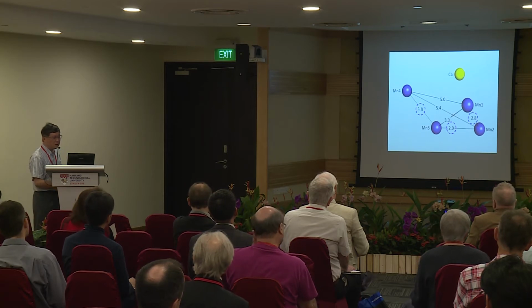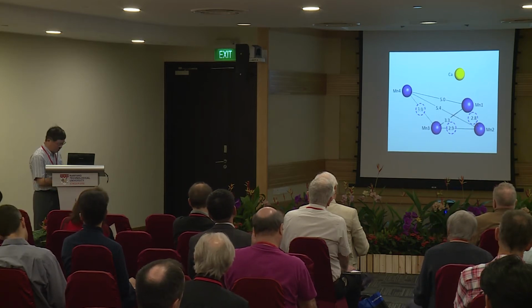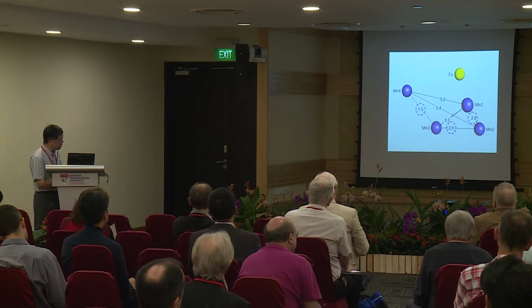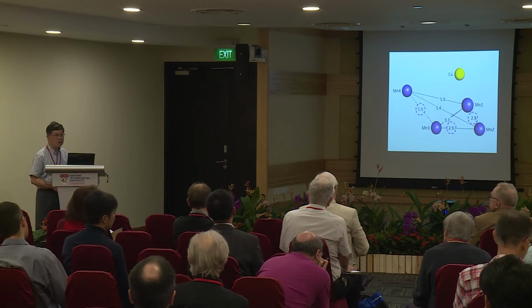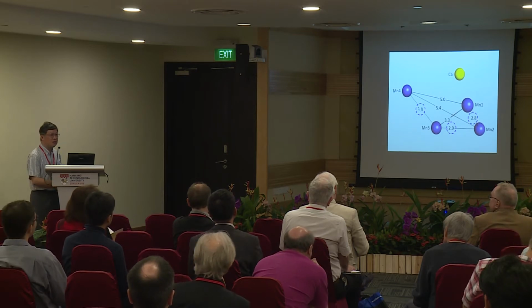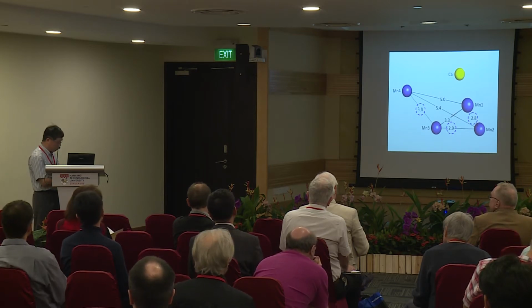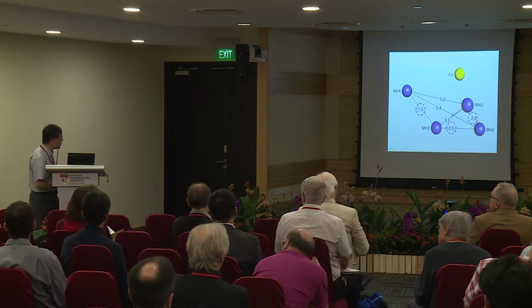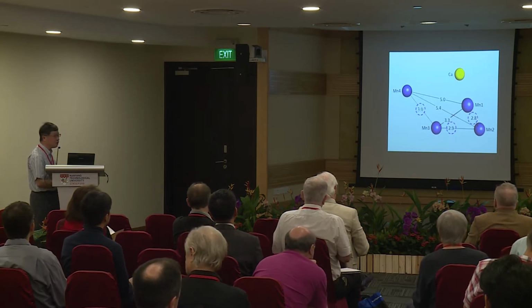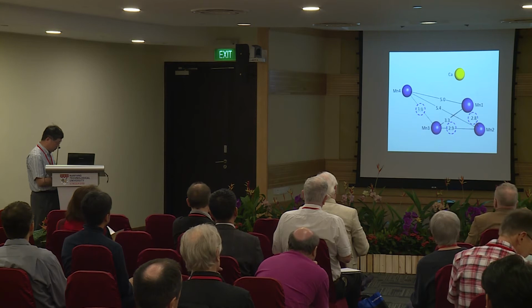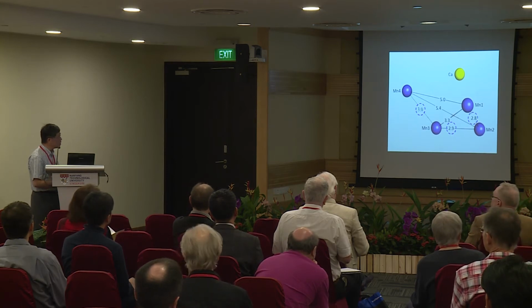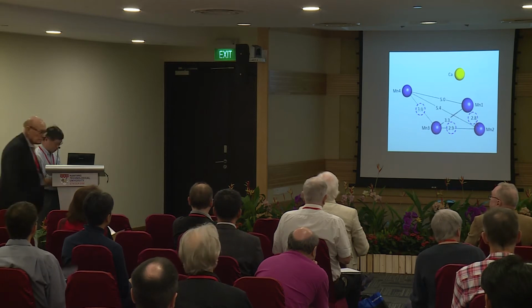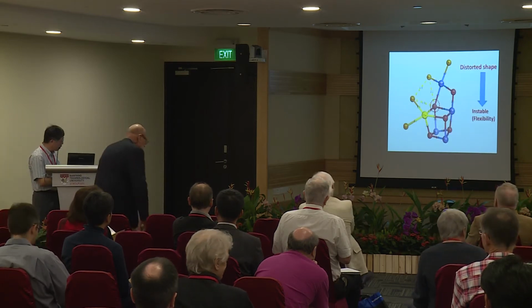But the EXAFS results, as well as theoretical calculations based on our structure, suggested that these distances may be slightly shorter, which suggests that our structure may have suffered from radiation damage, causing the reduction of manganese ions in the cluster. This may also cause changes in the position of O5.